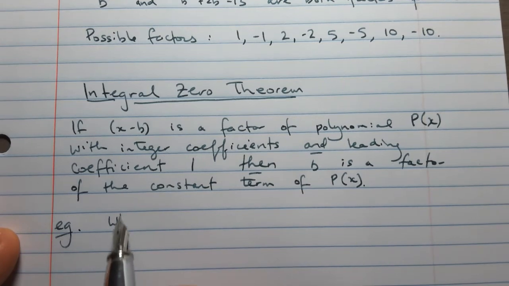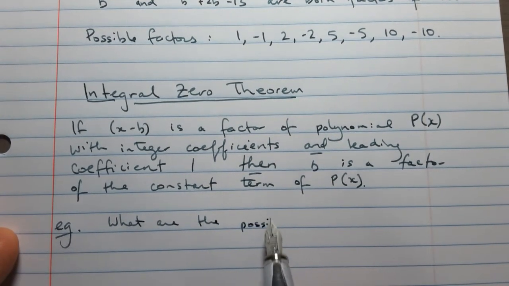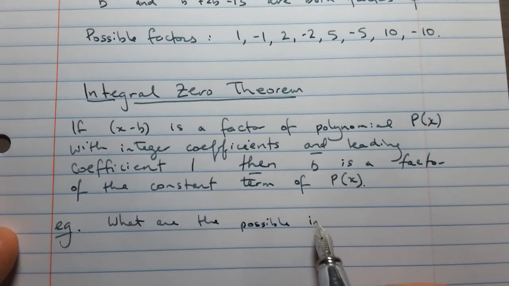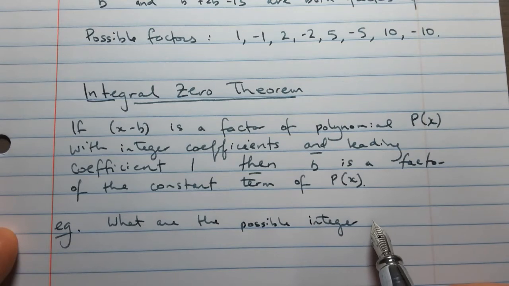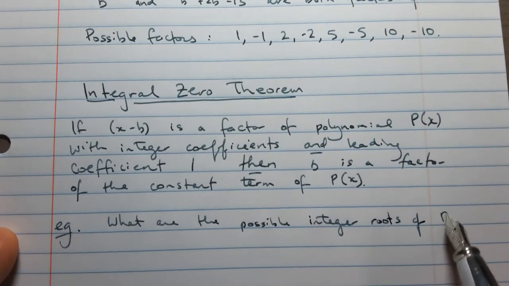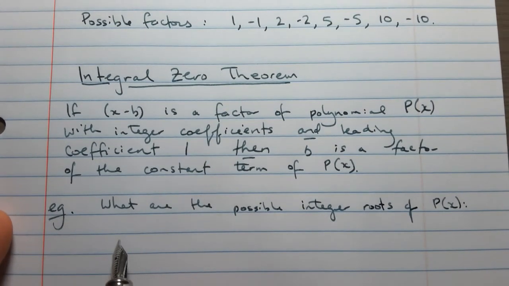So what are the possible integer roots or zeros of p of x, and this is the p of x that we're going to write down.